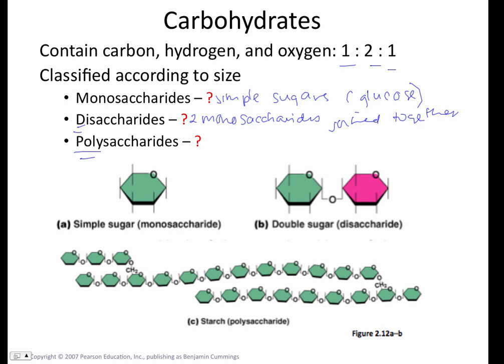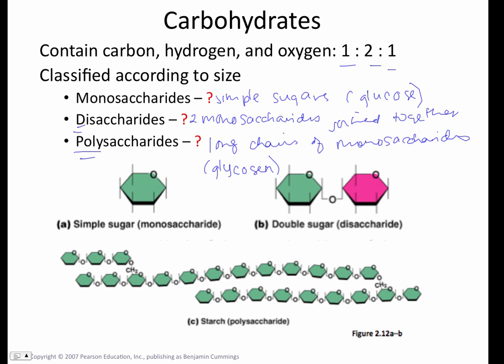Many. And so these are long chains of many monosaccharides. The most important one that we're going to be looking at and talking about is glycogen, which is a storage form of glucose.